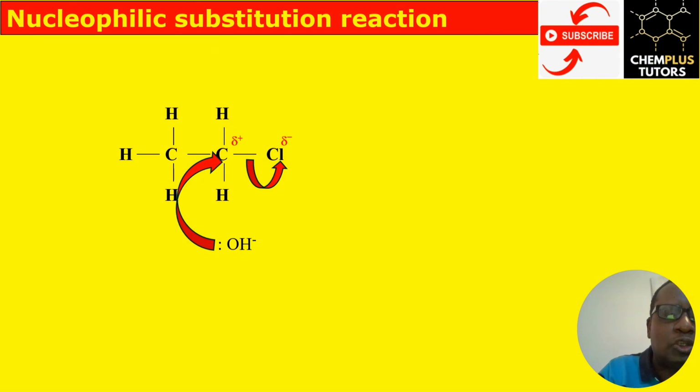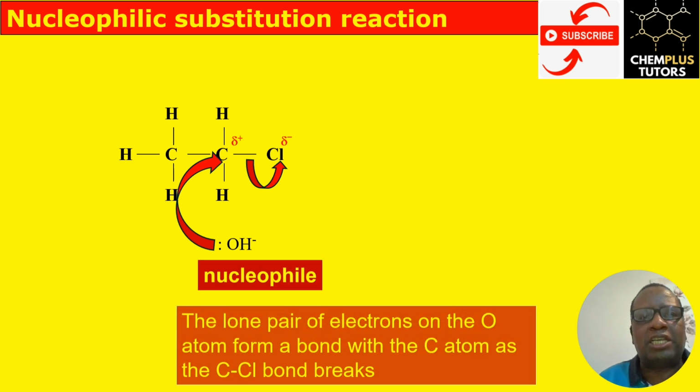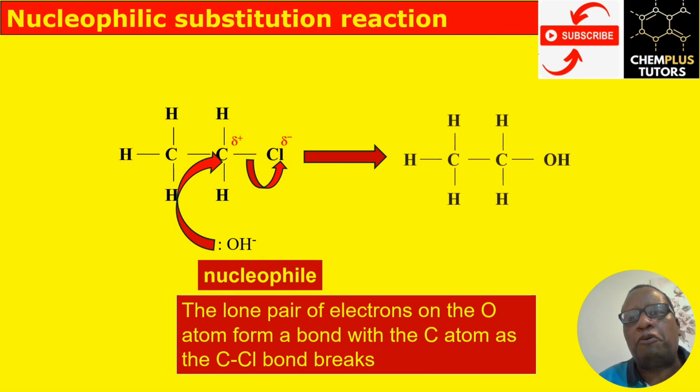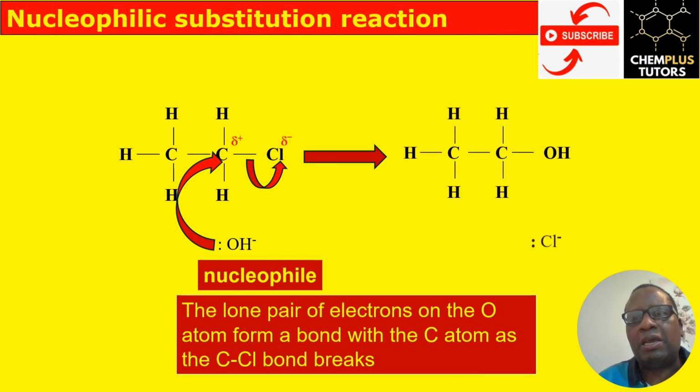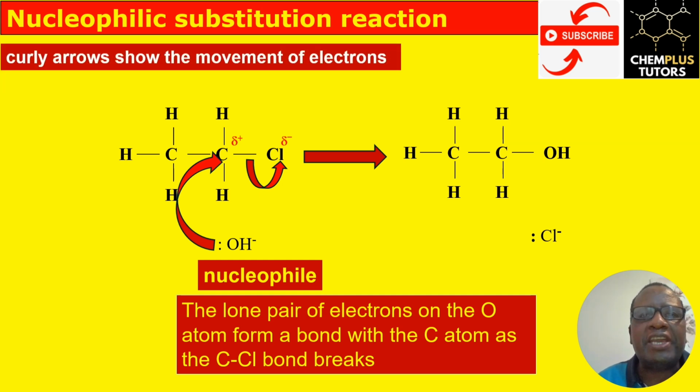This is considered as one step. As this attacks, this bond breaks at the same time, and we form that product plus that. That's why it's called nucleophilic substitution, because we've substituted the halide. The curly arrows show the movement of electrons in this mechanism.